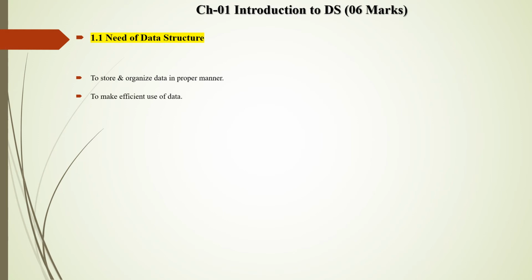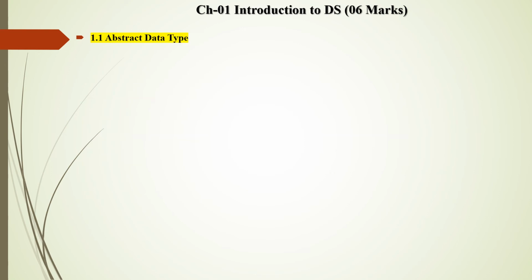Second, to make efficient use of data, to increase the speed of processor, to perform various operations on data, to make data reusable. So these are the various needs of data structure.